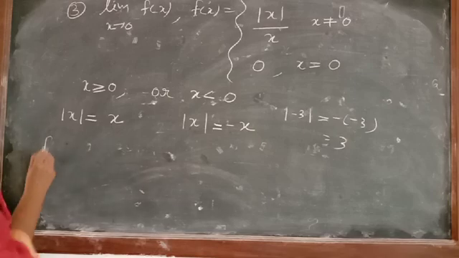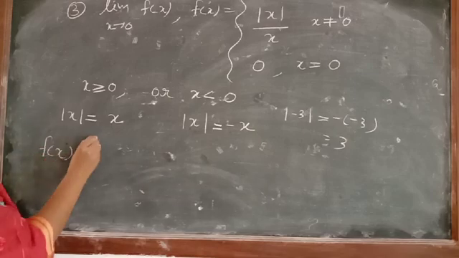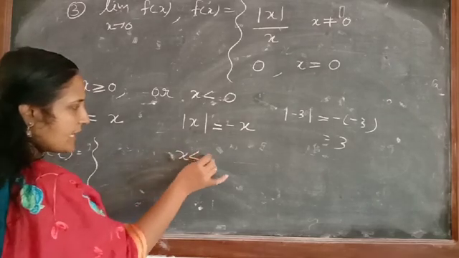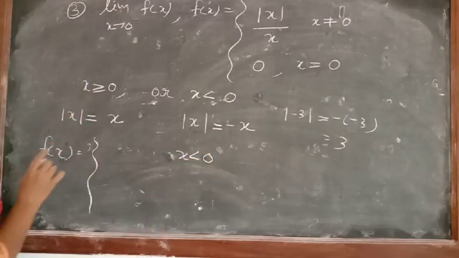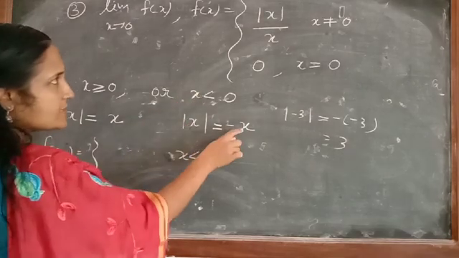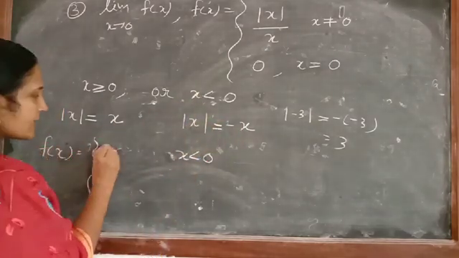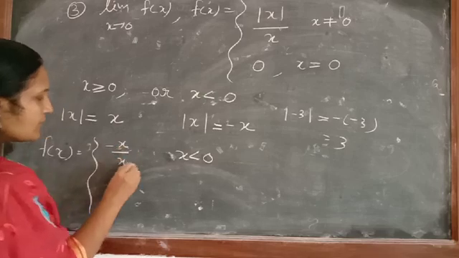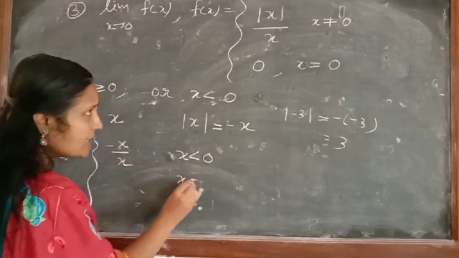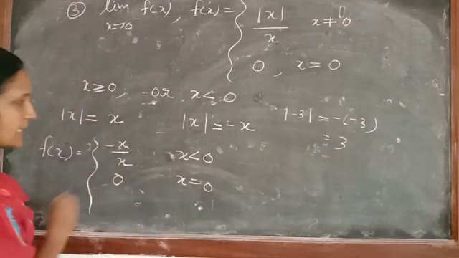So now we are just rearranging that function. F of x is equal to, first condition, when x is less than 0. In place of mod x, what do we have to write? When x is less than 0, minus x. So our function will be minus x by x. When x is equal to 0, what do we have? 0.